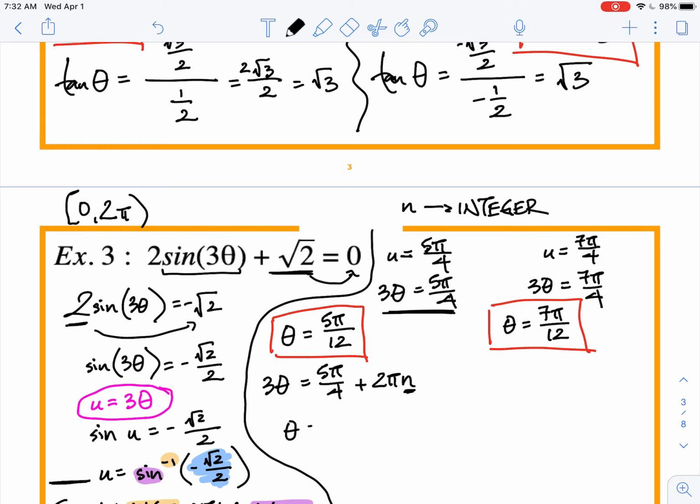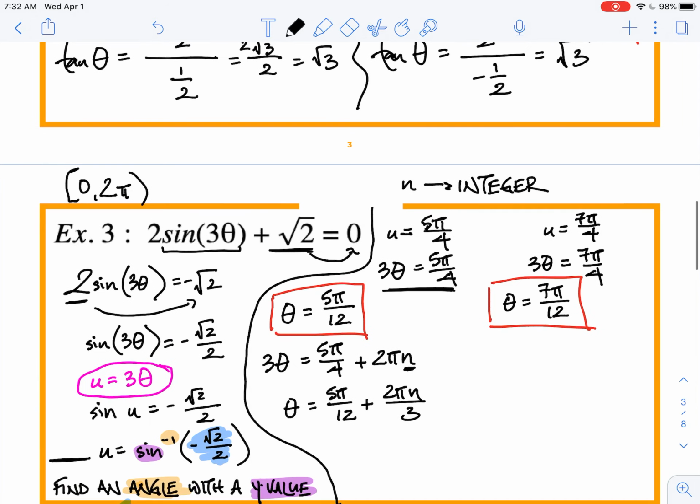And I'm going to do the same thing here. I'm going to divide that 3 away, but now I have to divide it out from the first term, and I have to divide it by the second term. Now what's handy about this is this will now tell me how to keep adding until I'm all the way back to 2 pi.